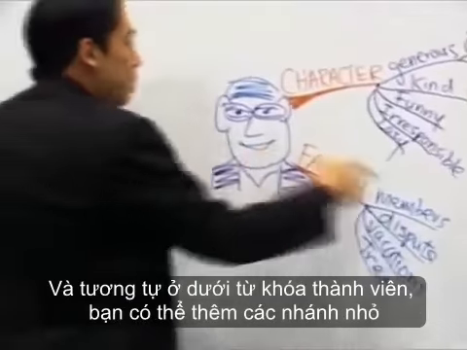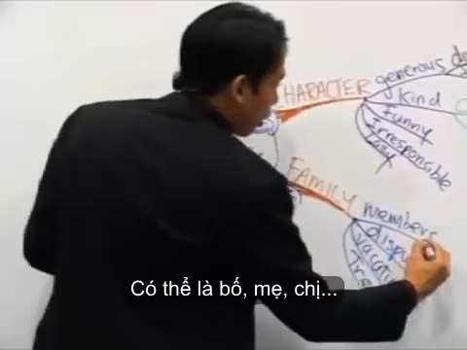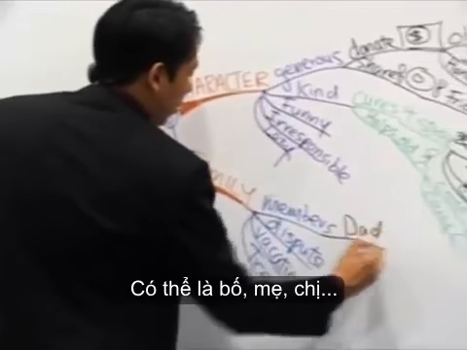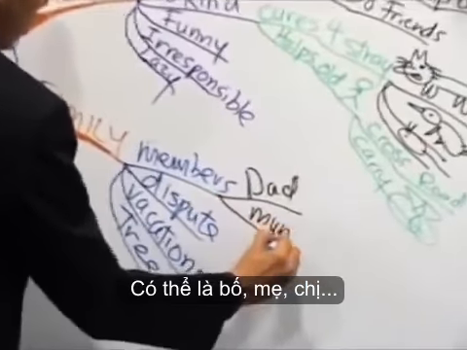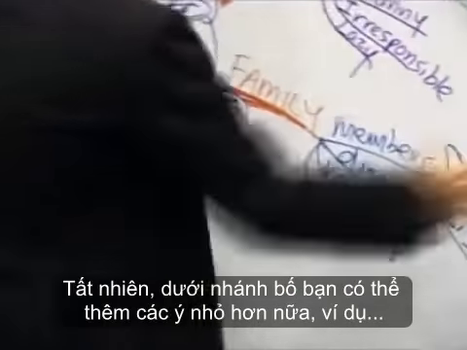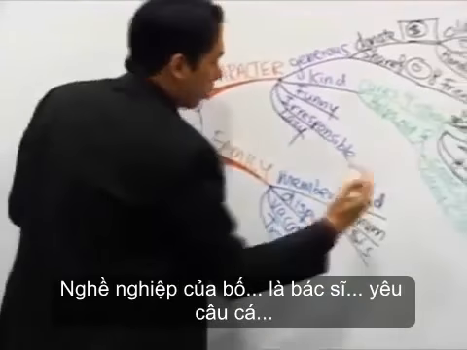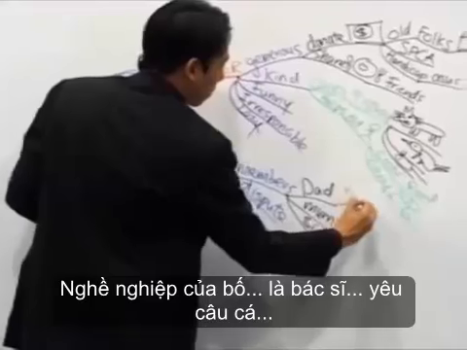So again, under family members, could you further branch it out? Yeah, could further branch out members into dad, mom, sis, right? So again, under dad, could you branch into more details? Yeah, of course. For example, you could talk about the dad's occupation. Dad is, for example, a doctor.